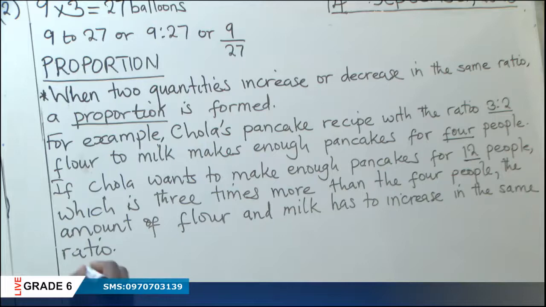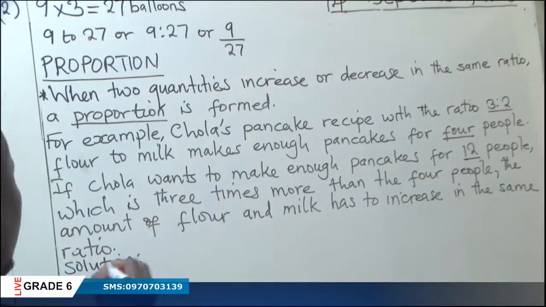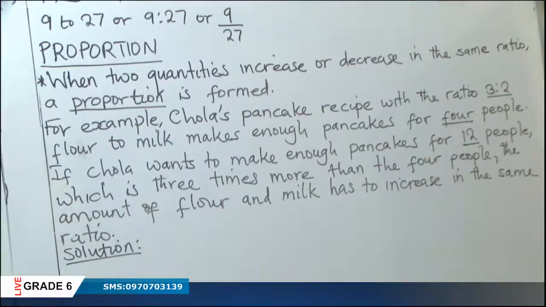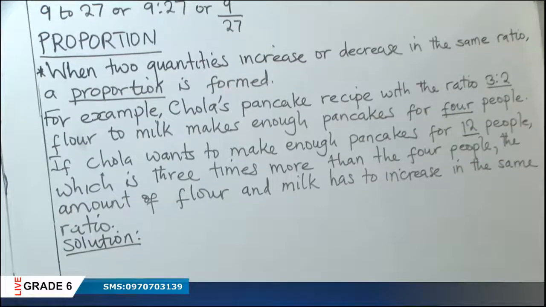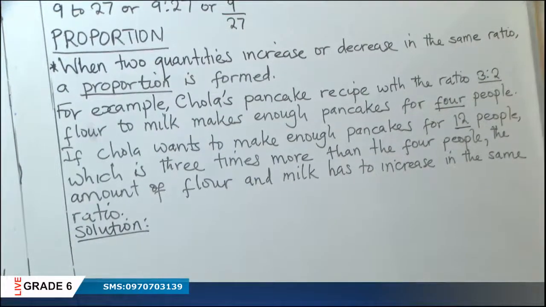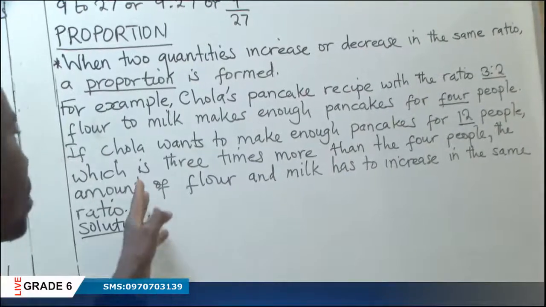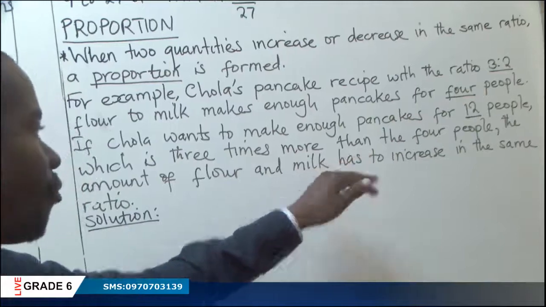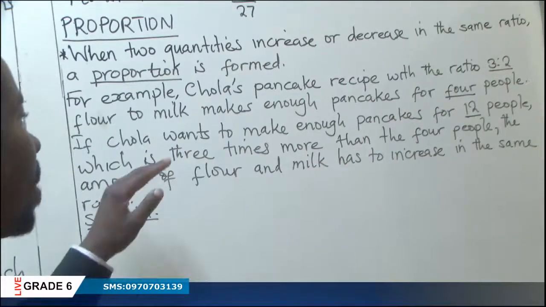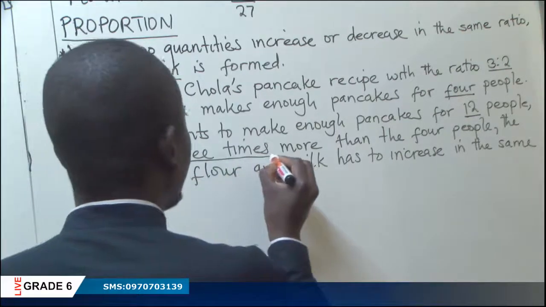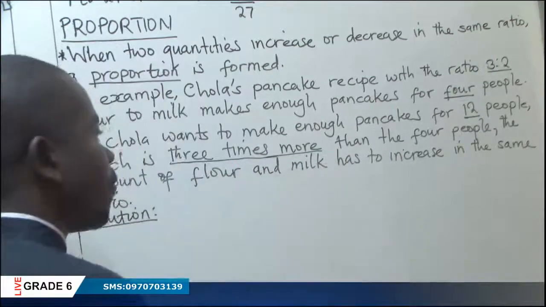So boys and girls, let's go to our solution. You must understand that for 4 people it is 3:2. Now, for 12 people, it means that she has to make pancakes which are 3 times more than for 4 people.